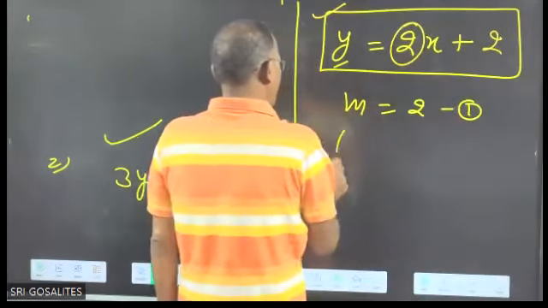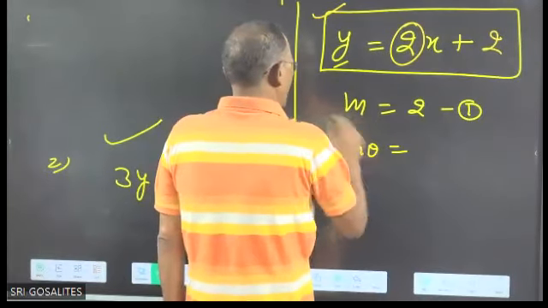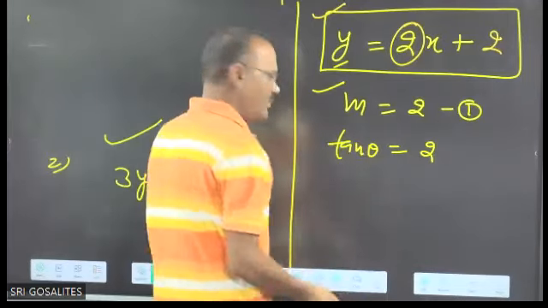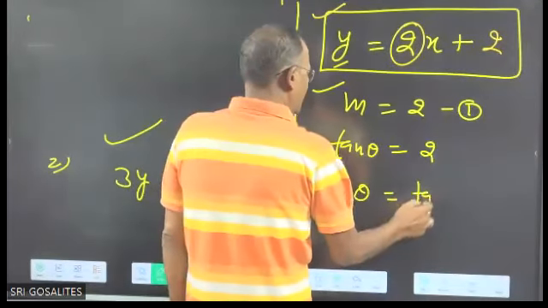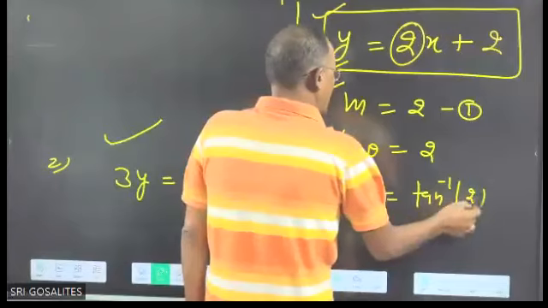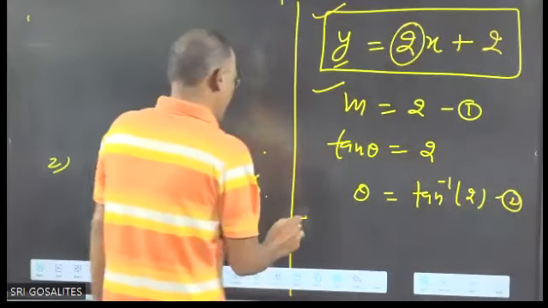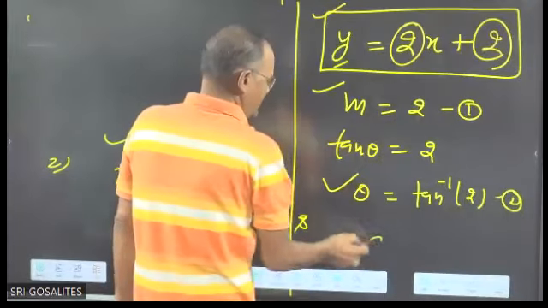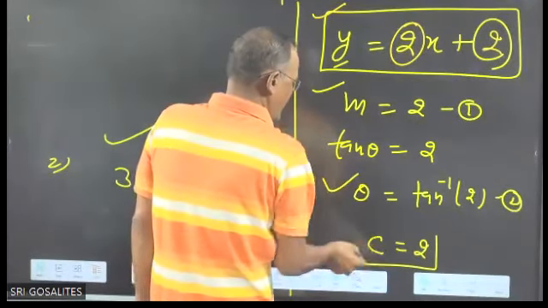Now m is tan theta, which means slope is 2. Tan theta is 2. Tan theta is also called the slope. So theta will be tan inverse 2. Very nice. And the second answer: intercept is c equal to 2.